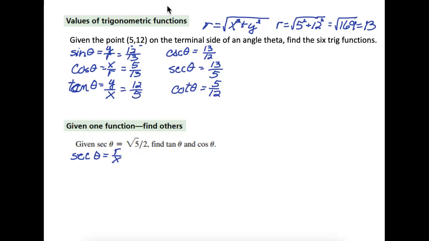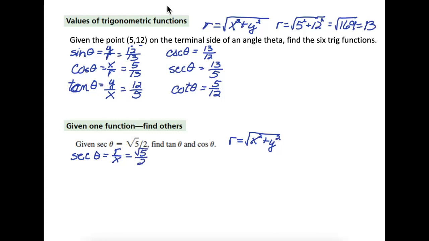So going back to our little formula up here at the top of the page, we're going to plug in that r equals square root of x squared plus y squared and see if we can figure out what y is. We know what r and x are because that was the square root of 5 divided by 2.